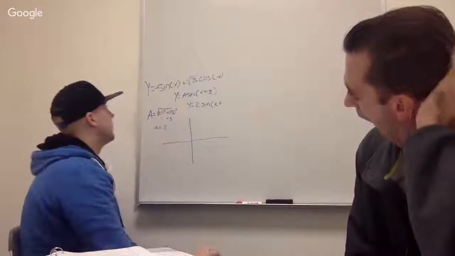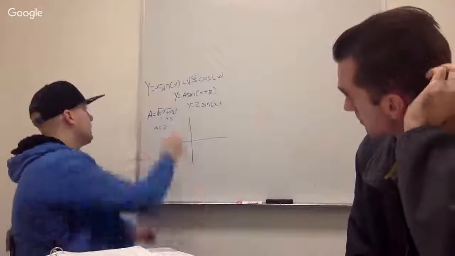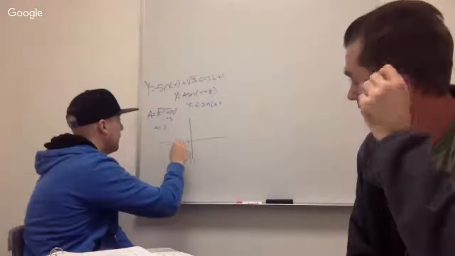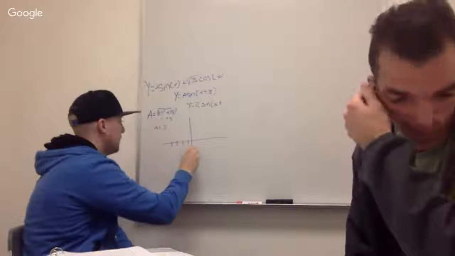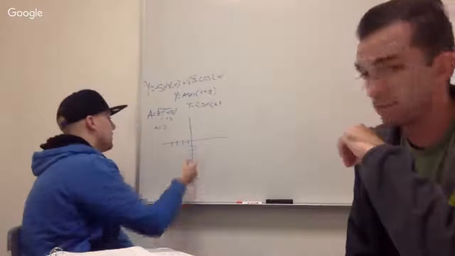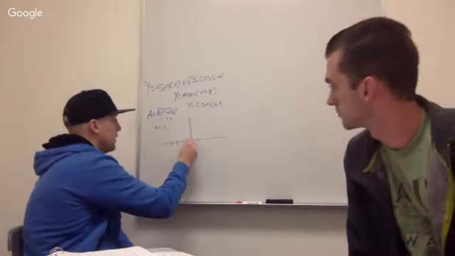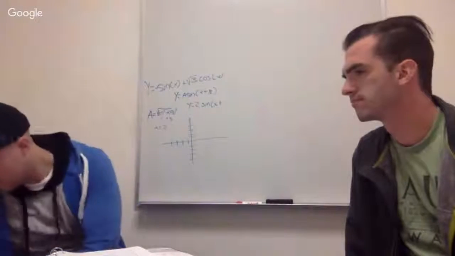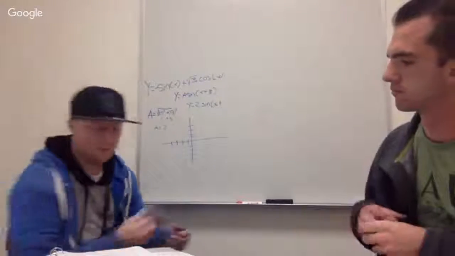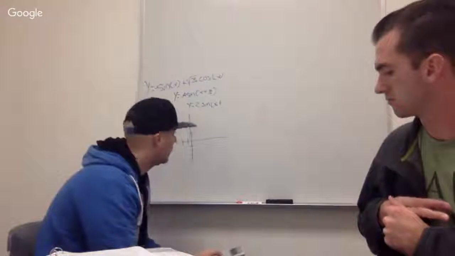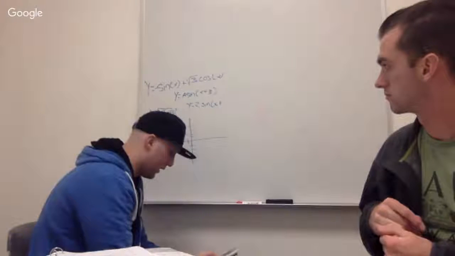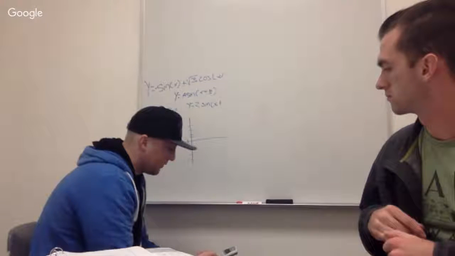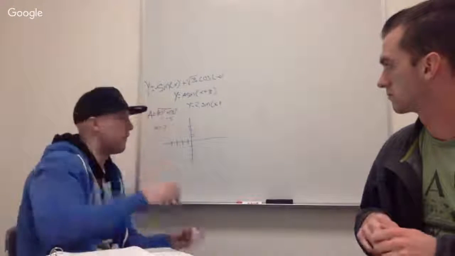So we got -1 sine, so we go 1 over, and then we have to find the value of square root of 3, which is 1.74.